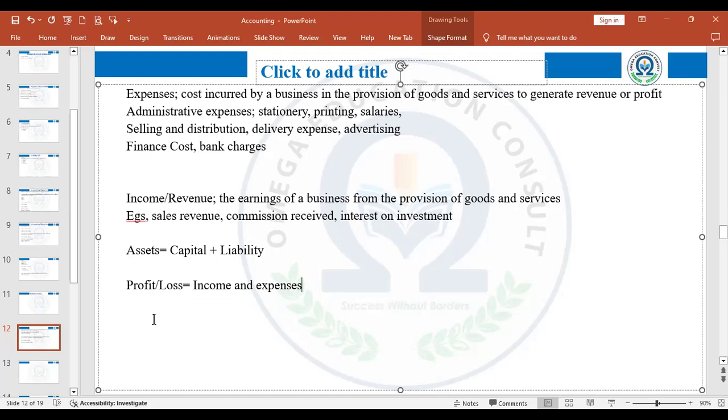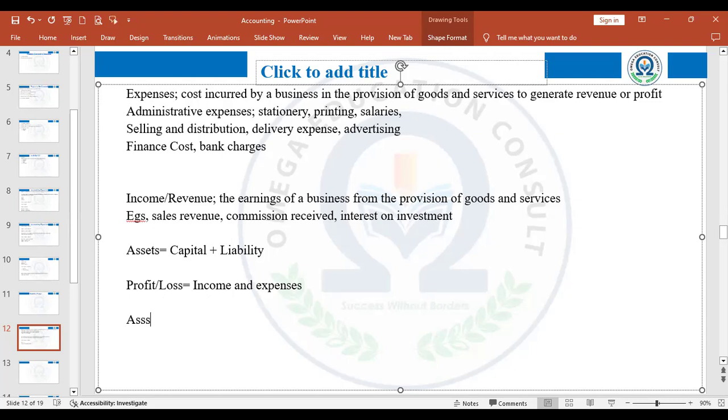So that is to say, income affects capital positively, and expenses affect capital negatively. So if we want to include these two elements in the accounting equation, this is how it's going to appear.